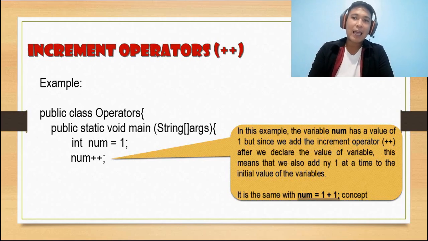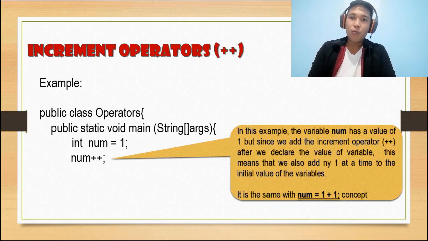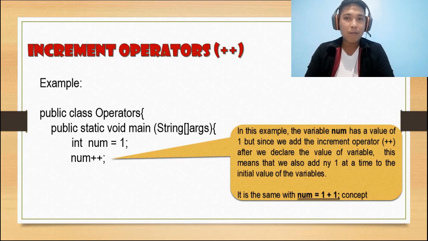So it is like the 1 plus 1 concept, or num is equal to 1 plus 1. We are trying to increase the value of our variable num by 1.